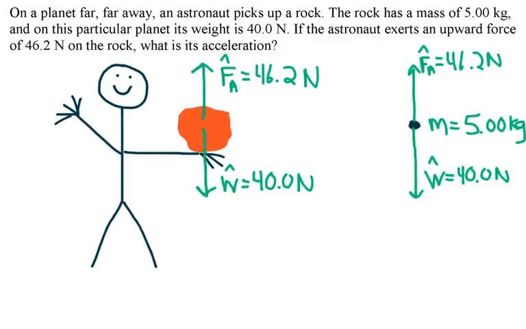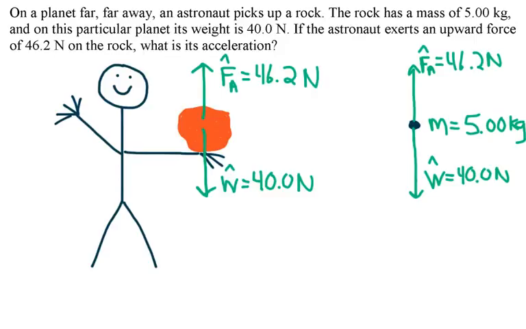Now, step number 3 says choose a convenient coordinate system for this problem. So we need to choose a coordinate system that aligns with one or more of the forces acting on the object. Because this is the first problem of this homework set, we're starting off really simple. In this problem, we only have 2 forces, and they're both acting in the y direction.